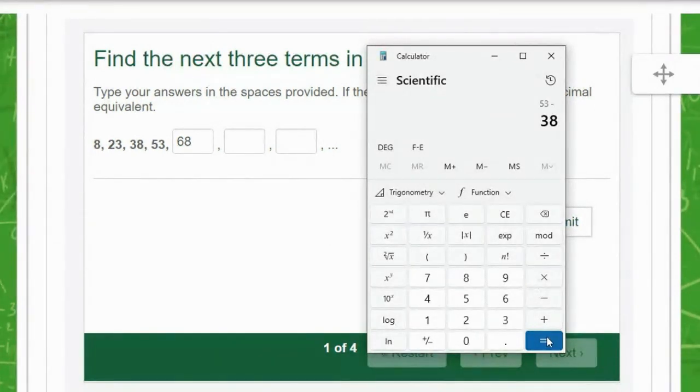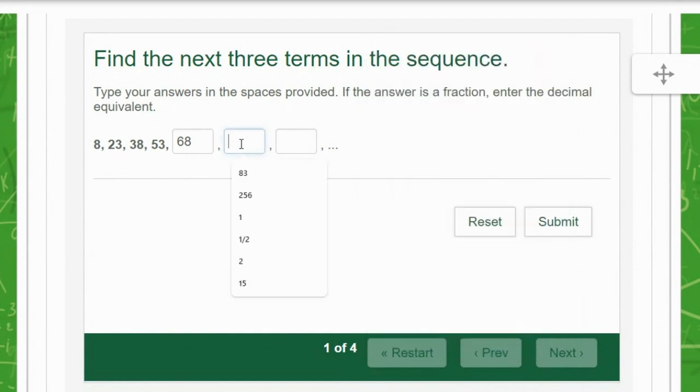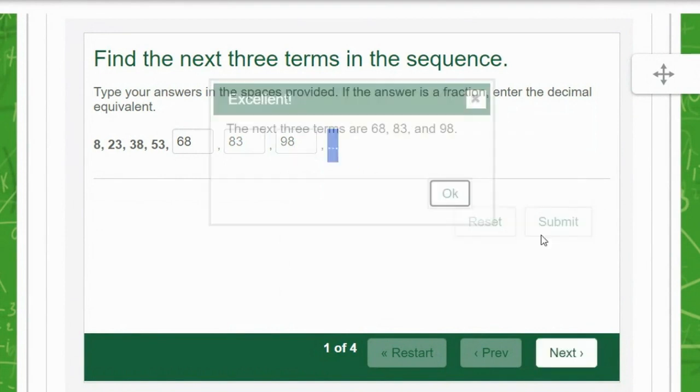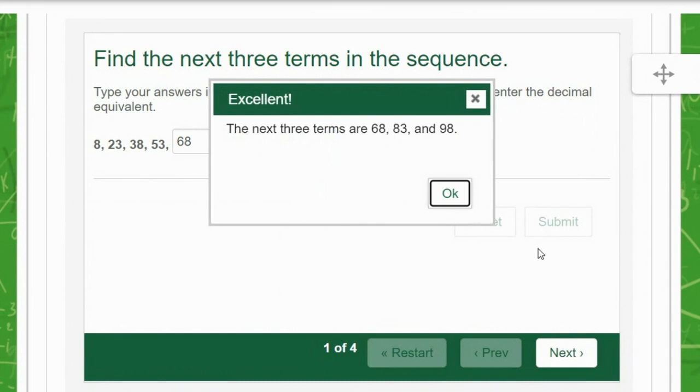So every time it goes up 15. 15, 15, 15, 15. So 53 plus 15 is 68. 68 plus 15 is 83. 83 plus 15 is 98. And we just go on and on and on. That's what the three dots are. That's correct. 68, 83, 98.